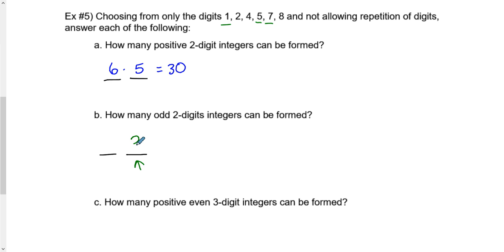We have 3 options for that. Now, if it can't be repeated, if we chose the number 7, we would have 5 options left for the first. 5 times 3, 15.